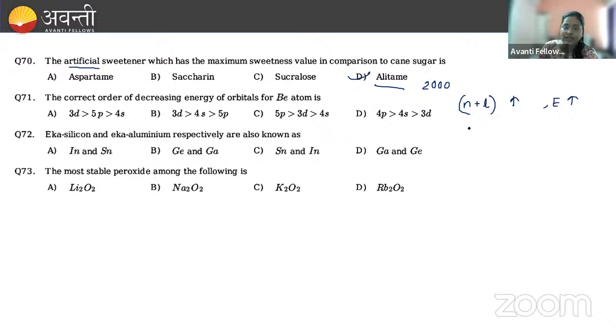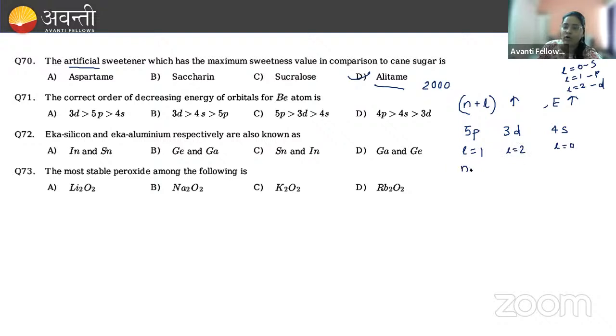So here you can see that there are 3 orbitals, 5p, 3d and 4s. What is the l value here? For s, l is equal to 0, for p, l is equal to 1, and for d, l is equal to 2. Here I have written 5p, so p means l is equal to 1, d means l is equal to 2, s means l is equal to 0.